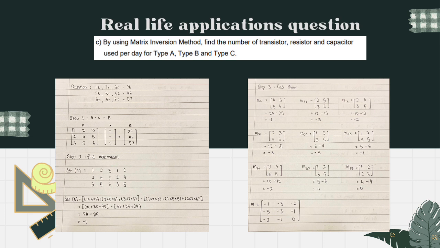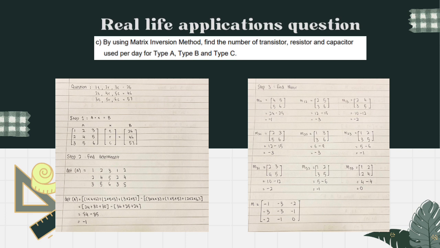Step 3 is find the minors. The minor in row 1, column 1, we use A multiplied by D minus B multiplied by C, and we will get -1. The minor in row 1, column 2, same, we will get -3. Minor 1, 3, we will get -2.